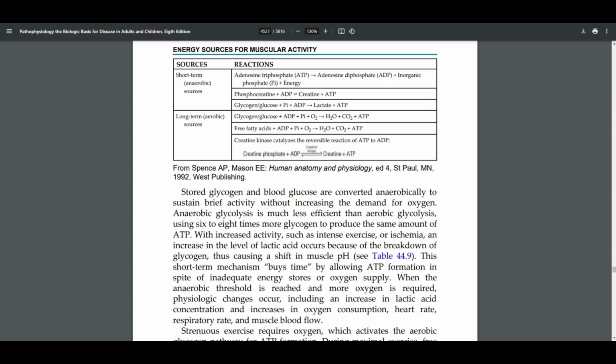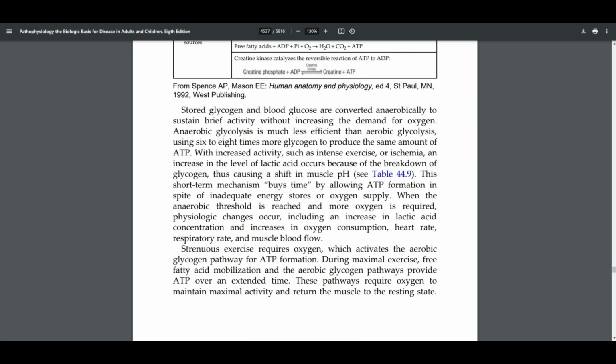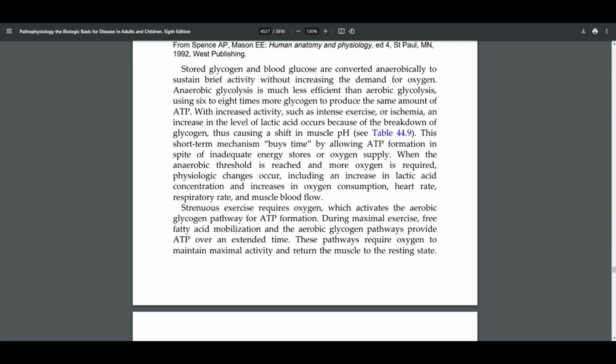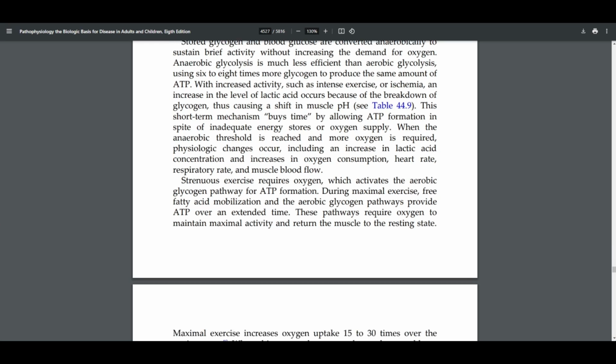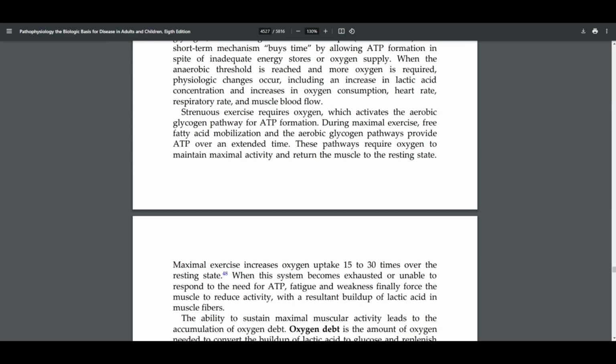When the anaerobic threshold is reached and more oxygen is required, physiologic changes occur, including an increase in lactic acid concentration and increases in oxygen consumption, heart rate, respiratory rate, and muscle blood flow. Strenuous exercise requires oxygen, which activates the aerobic glycogen pathway for ATP formation.